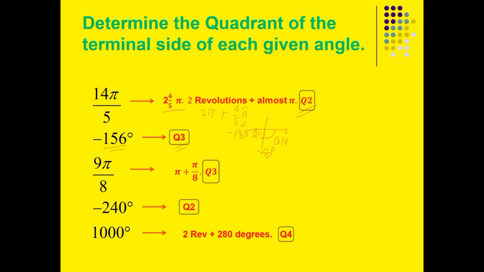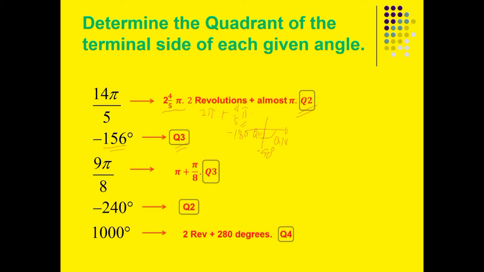Then we have 9 pi over 8. As you notice, the improper fraction must be converted to a mixed fraction. So we have 1 pi plus pi over 8.